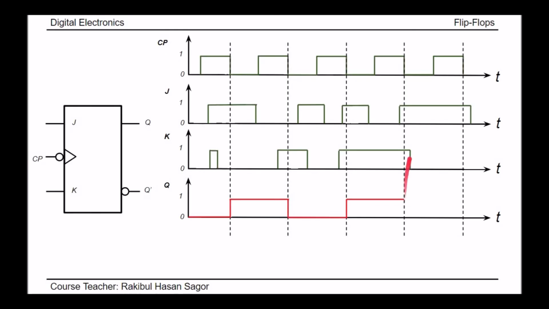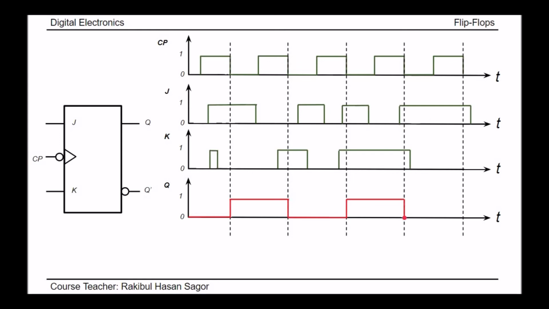At this triggering point, we can see J equal to 1 and K equal to 1. Again, for J equal to 1 and K equal to 1, the output will be the toggled value of the previous value. What was my previous value? The previous value was 1. So, the toggled value of 1 is 0. So, it will go back to 0.